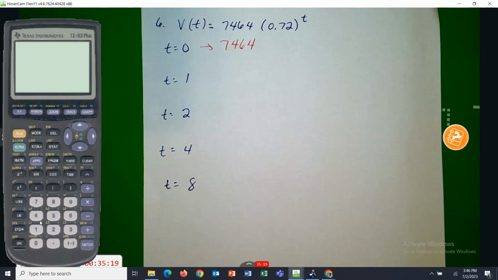If you actually punch that into your calculator, 7464 times parentheses 0.72 raised to the 0 power. What the calculator is going to do is say 0.72 to the 0 is 1, times 7464 is 7464.